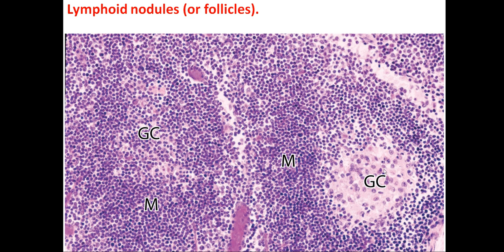This is the basic structure in secondary structures, located in the spleen, in the lymph node, and diffused in MALT, as in the respiratory or digestive system.